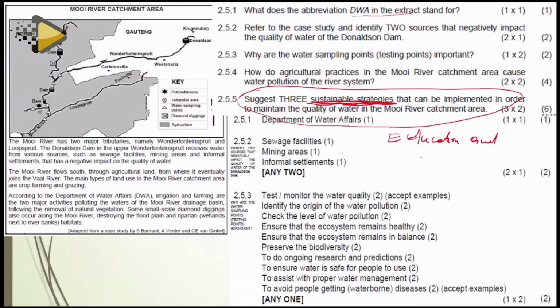It does not matter what the question is. If it's a sustainable strategy to reduce the urban heat island, it's education and awareness. If it's a strategy to keep the rivers clean, it's education and awareness. If it's a strategy to reduce the impacts of tropical cyclones, it is education and awareness. If it is a strategy to reduce the impacts of mid-latitude cyclones, it is education and awareness.